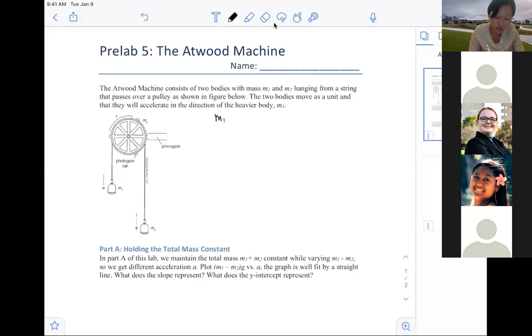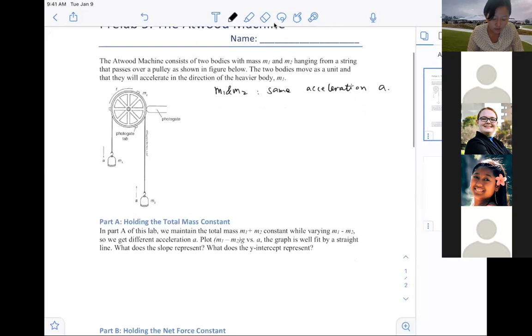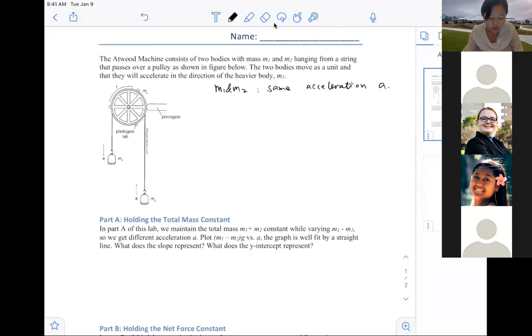M1 and M2 will have the same acceleration, and you can call that A. In this case, you can see that the acceleration for M1 is this way. The acceleration for M2 is that way. So the entire system is going this way.